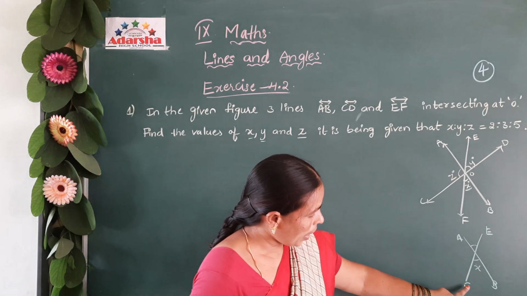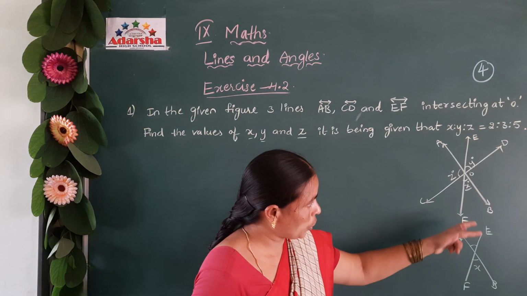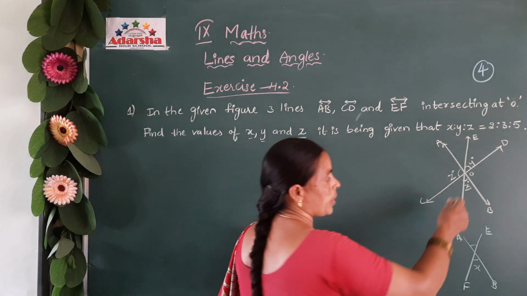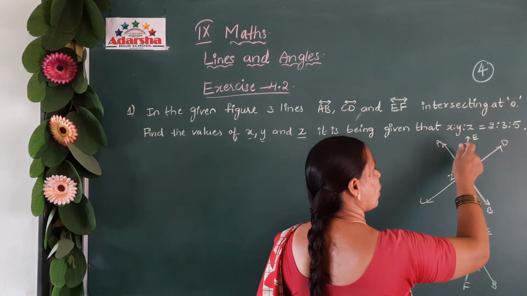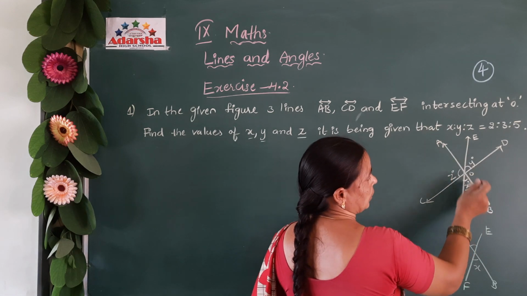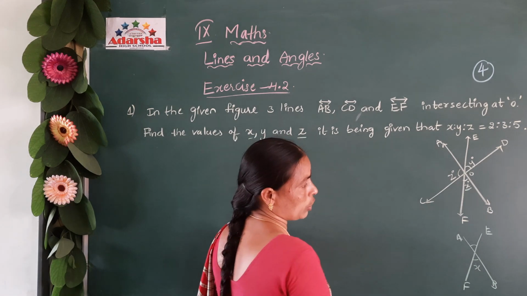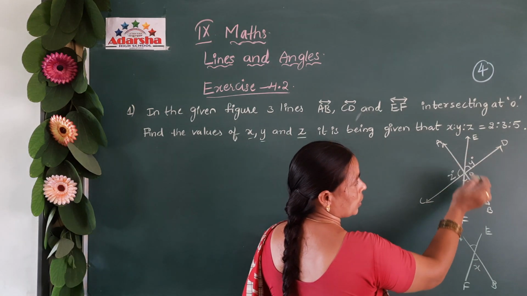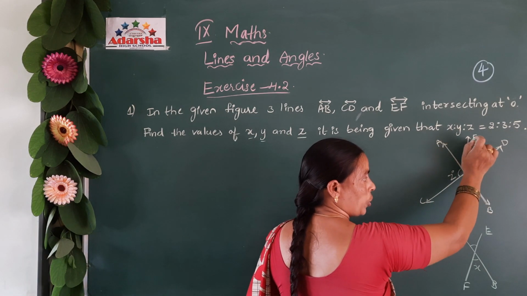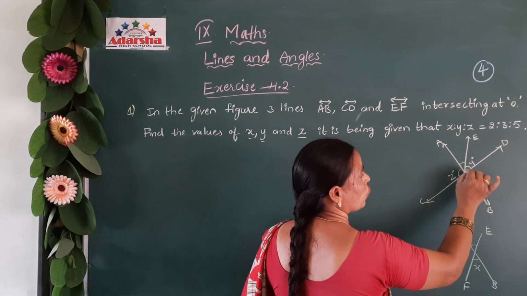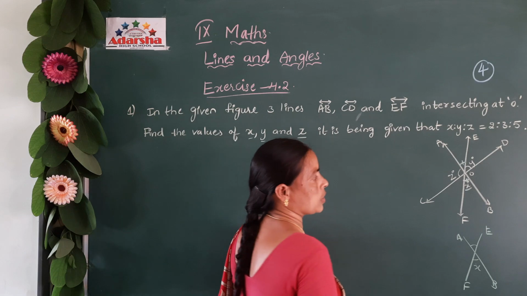So here angle x is equal to the angle AOE. Angle x and angle AOE are opposite to each other. These are called the vertically opposite angles. What are the vertically opposite angles in this figure? Angle AOE and angle BOF. These are the two vertically opposite angles.